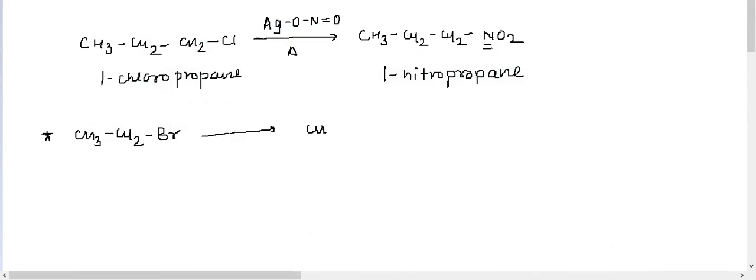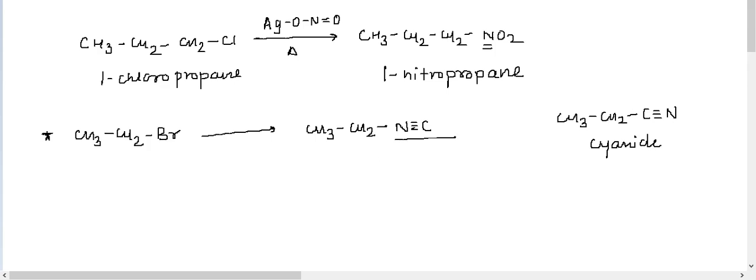Okay, ethyl isocyanide means CH3CH2N triple bond C, because it is isocyanide. If they ask you to convert it into CH3CH2C triple bond N, then it is cyanide. And when it is N triple bond C, it is isocyanide. Remember.